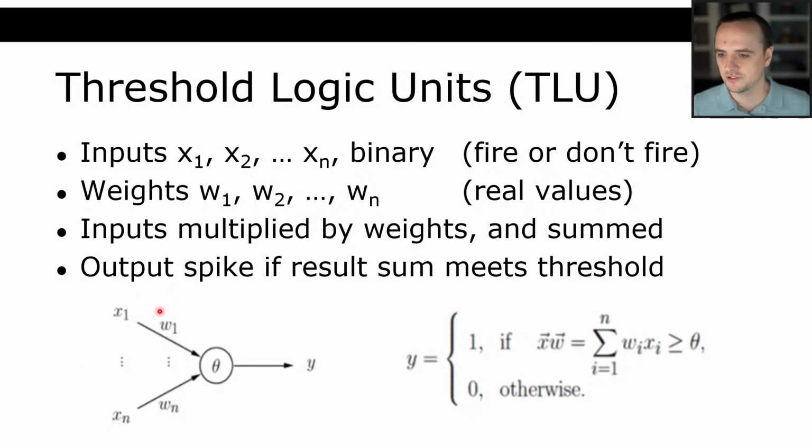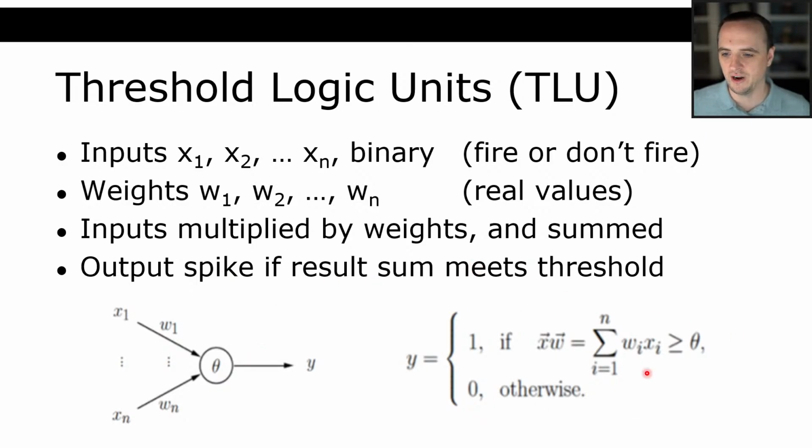So we have inputs and then we have weights. Those weights are going to be real values, right? So real numbers, typically between 0 and 1, something like that. And then what happens is the inputs are multiplied by the weights. So we have x1 times w1 plus x2 times w2, up to xn times wn, and all of those are summed. And then the output is a spike if the sum meets this threshold.